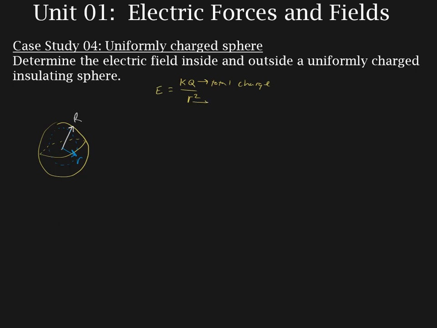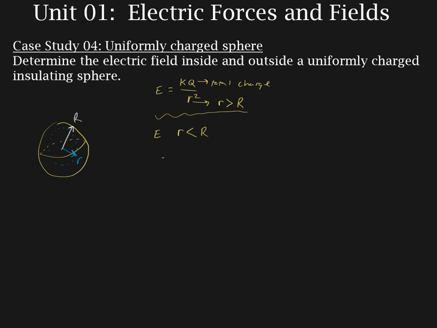And this r happens to be any radius where r is greater than capital R. Now, the trickier one to deal with is what's going on inside the sphere. So now we're trying to find E for when little r is less than capital R.